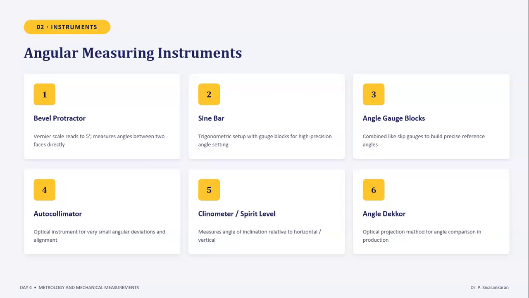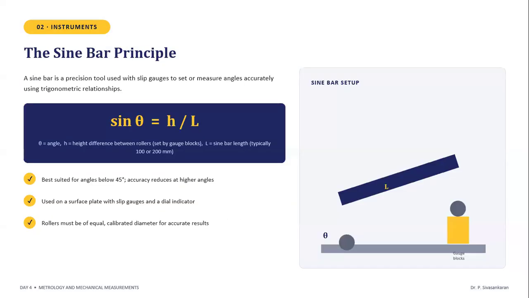Let us look more closely at the sine bar principle. A sine bar is used together with slip gauges to establish a precise angle through a trigonometric relationship. The fundamental equation is sine theta equals h divided by L, where theta represents the angle, h represents the height established using gauge blocks, and L represents the distance between the centers of the sine bar rollers.